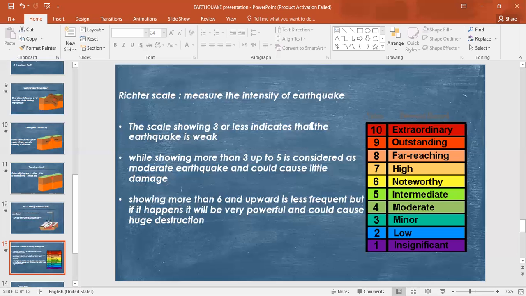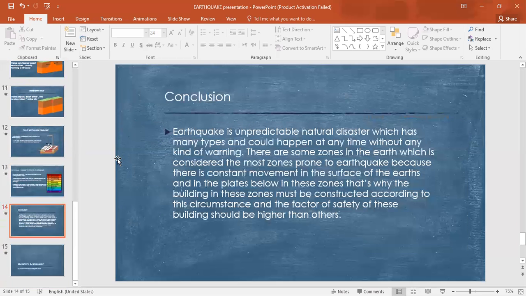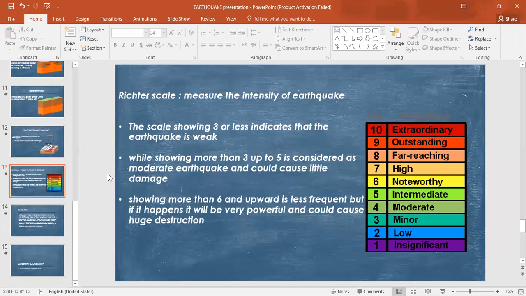But if it happens, it will be very powerful and could cause serious damage and huge destruction. So, as we know, most earthquakes are not significant and not powerful, but some of them are destructive and can destroy an entire city in just one moment.